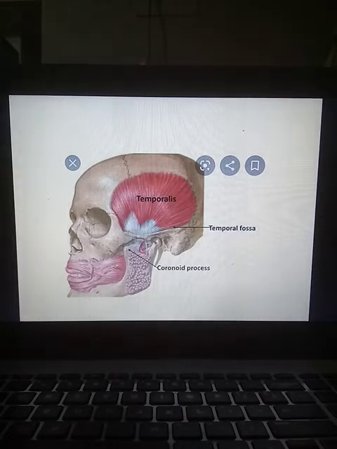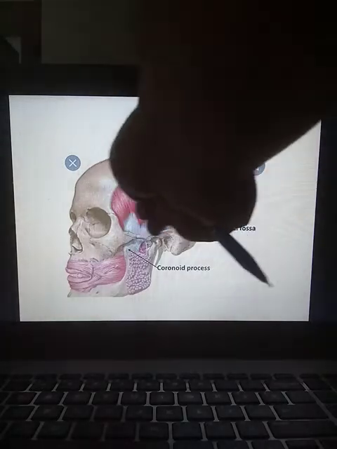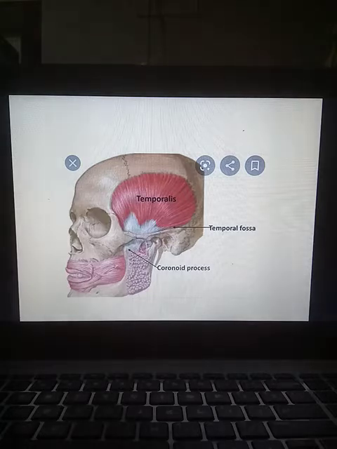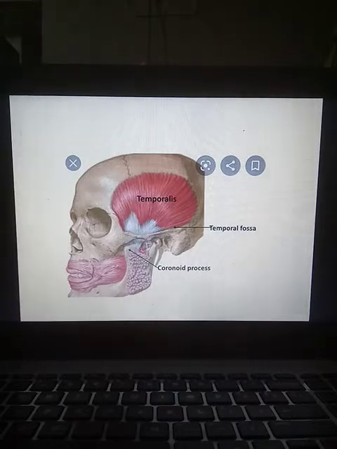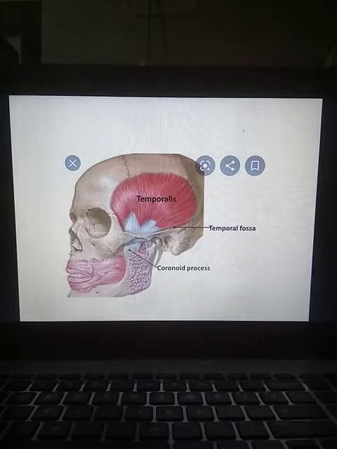We have discussed previously that the temporal fascia gives origin to some of the fibers of the temporalis. The other source of origin is the temporal fossa, the depression we talked about. So you have two sources of origin for the temporalis muscle, one from the temporal fossa itself, and one from the temporal fascia.